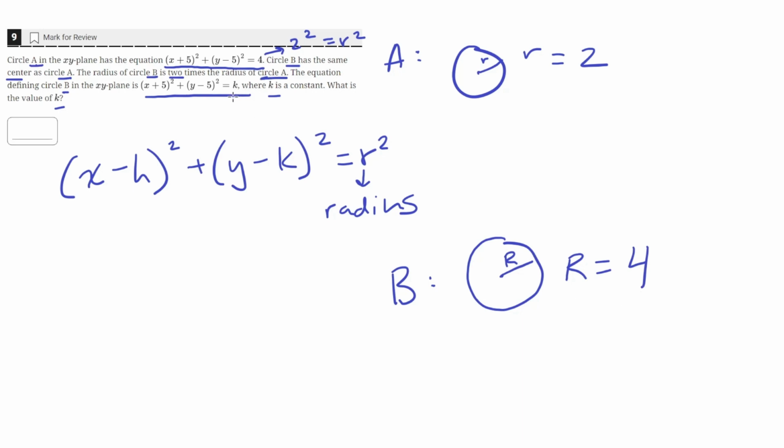But since the equation for a circle says that on the right hand side there is an r squared, we have to square this value. So k is going to equal 16, because the radius squared, 4 squared, is 16, using the equation of a circle. So the value of k is 16, not 4.